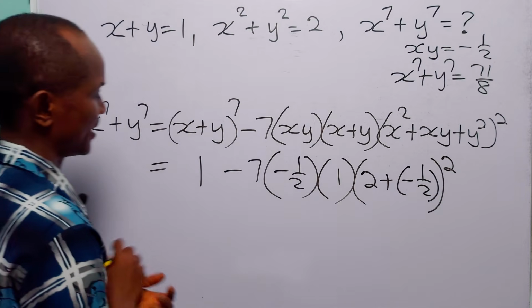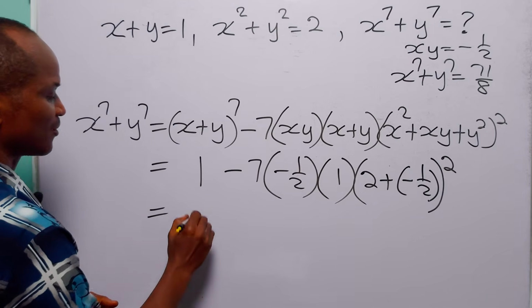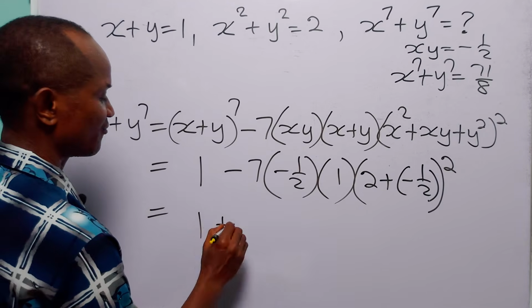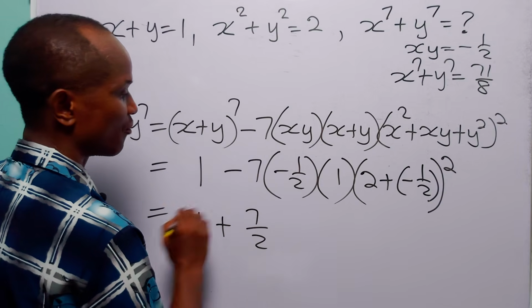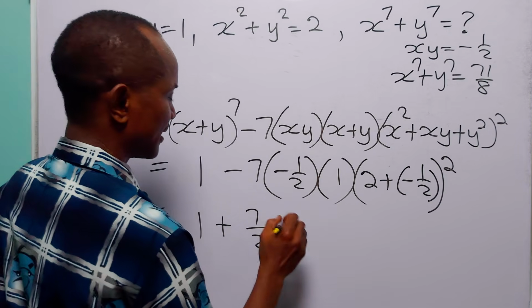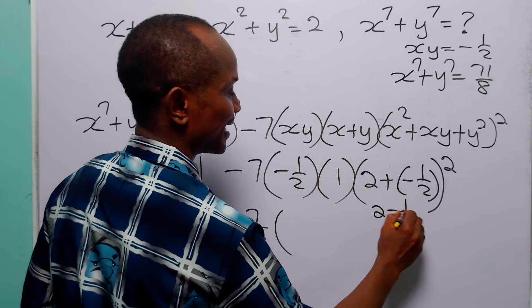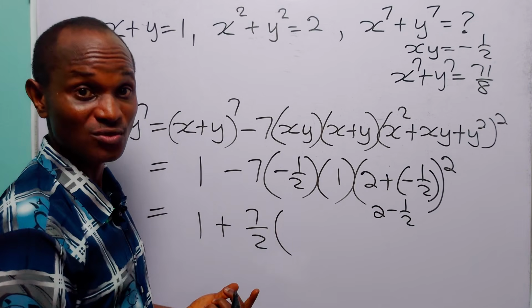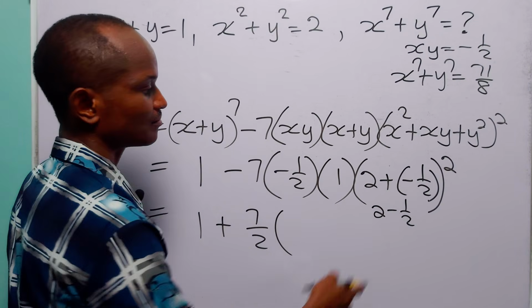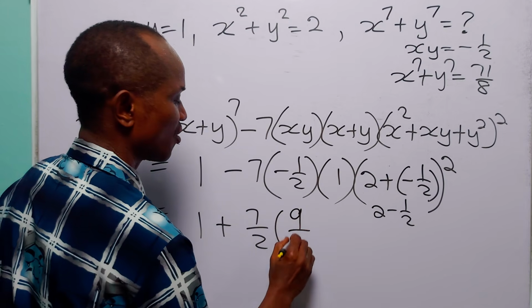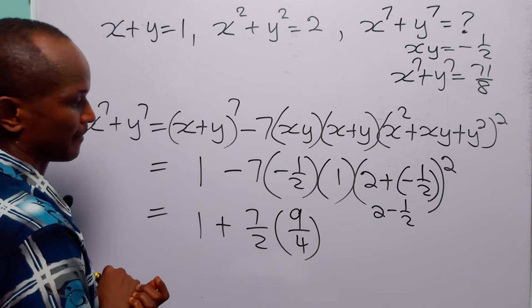This is squared. Now this is equal to 1. Minus minus is plus. So we have plus 7 over 2, then multiplied by 2 minus half, which is equal to 3 over 2. 3 over 2 squared is 9 over 4.